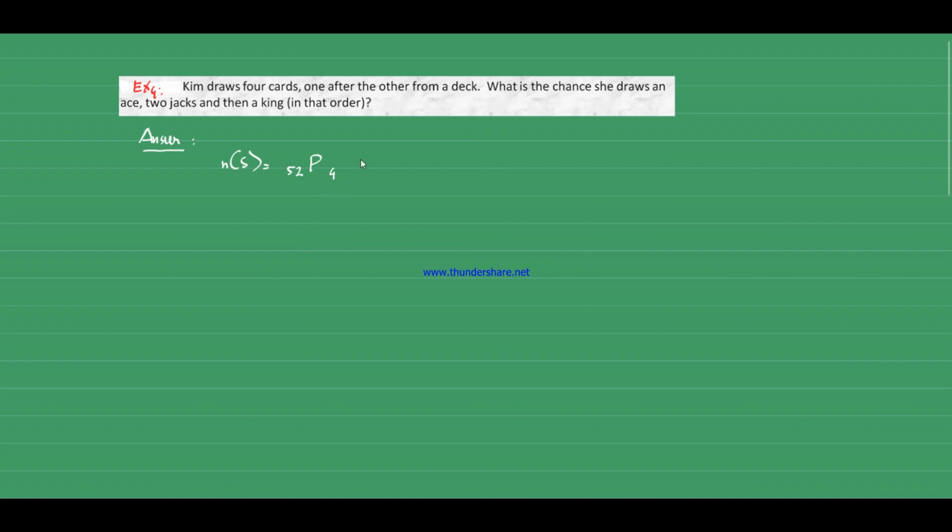So this one we're gonna end up with 52 factorial over 52 minus 4 factorial. You put it into the calculator, and you're gonna end up with a pretty big number, 6,497,400.